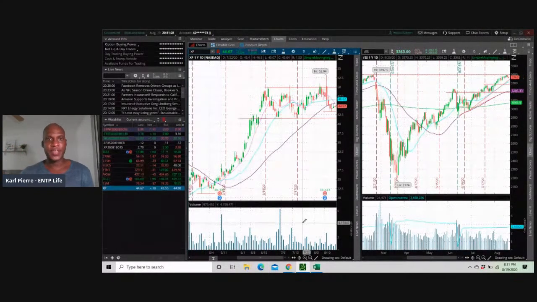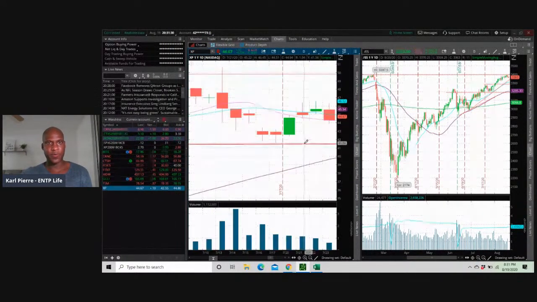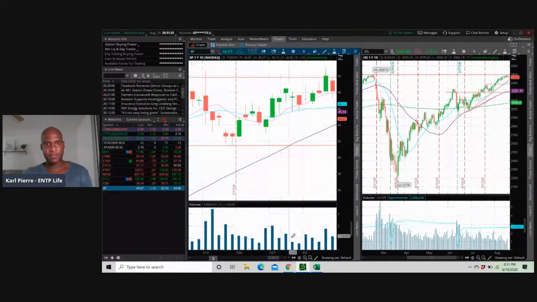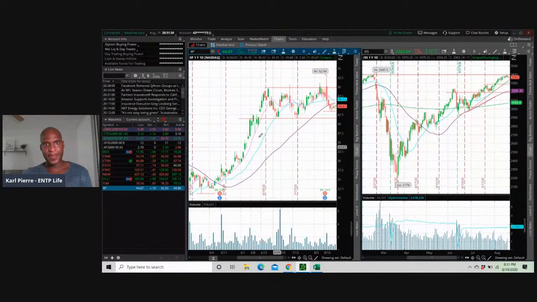So it's important for you to look at those things. Same thing here, in a way. Into this area of support, which I will explain in a bit, it held, traded all the way down here, closed closer to the highs, and bounced for what was a 20% move in 2 weeks, okay?